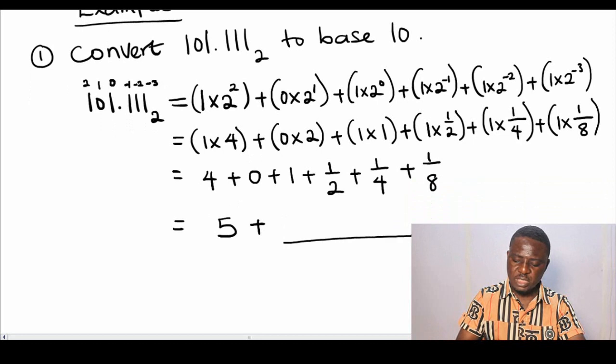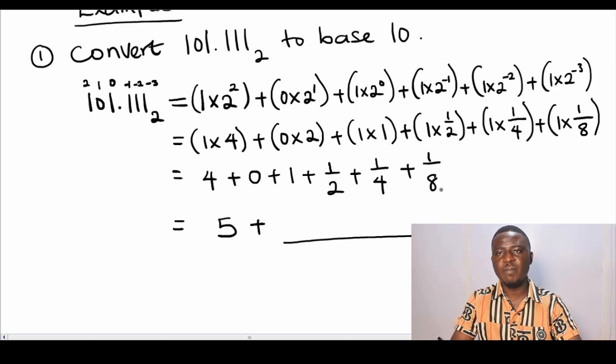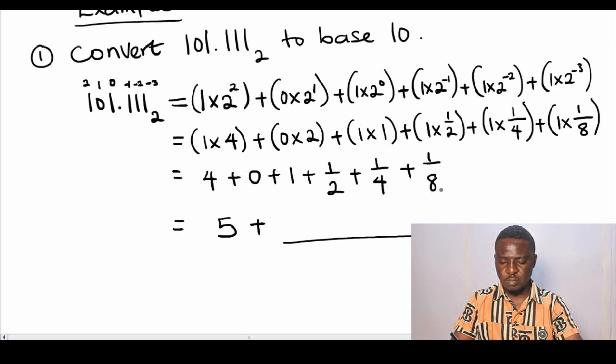I'm going to find the LCM of 2, 4, and 8 so as to add them together. When you are solving sums of fractions whereby the denominators are different, you have to get a new denominator for this solution.